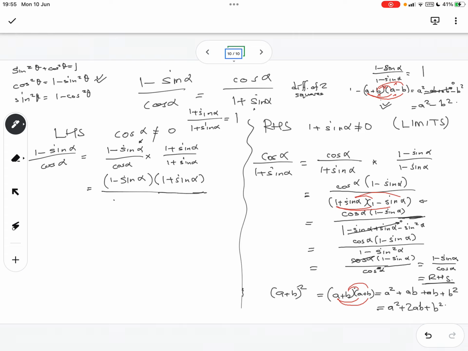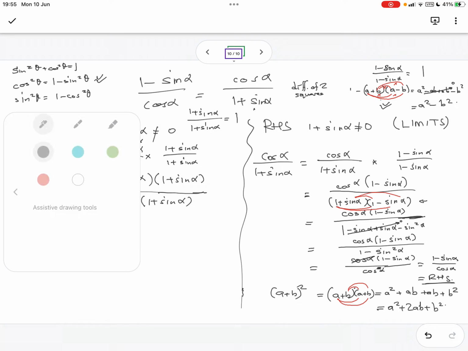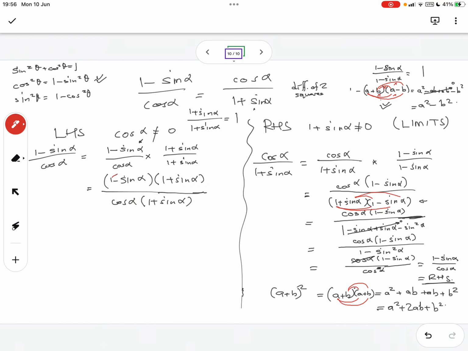So it doesn't change the original statement, but it does allow us to manipulate it into something that can move us in that direction. So we will have 1 minus sine alpha times 1 plus sine alpha over cos alpha into 1 plus sine alpha.